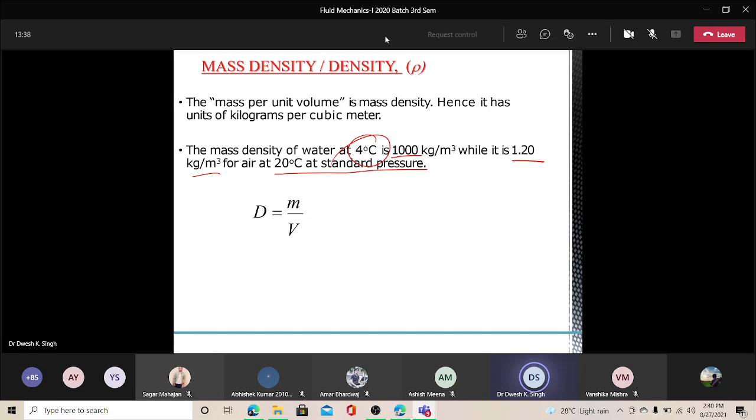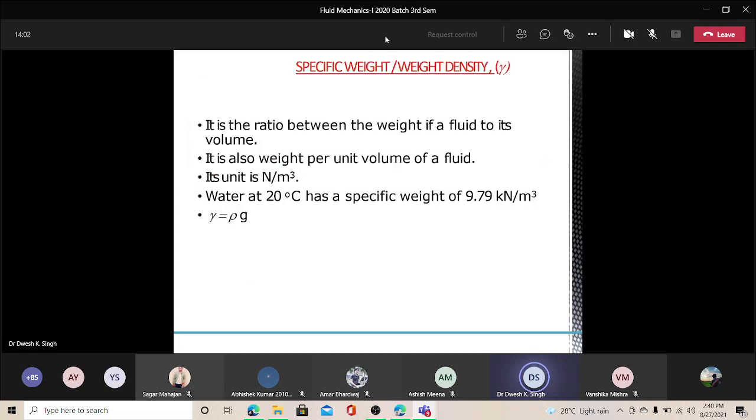So this is our equation for density: rho is the density, m is the mass, and V is the volume. This is the density that we are all familiar with.